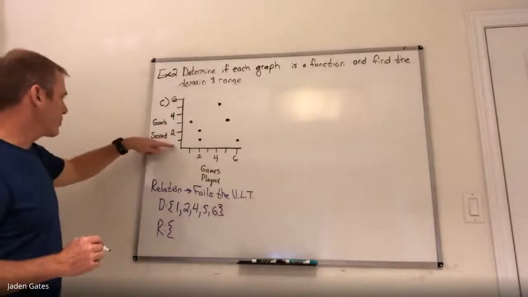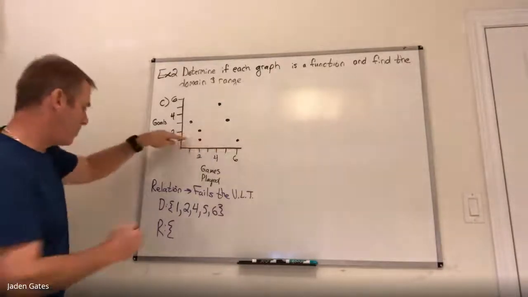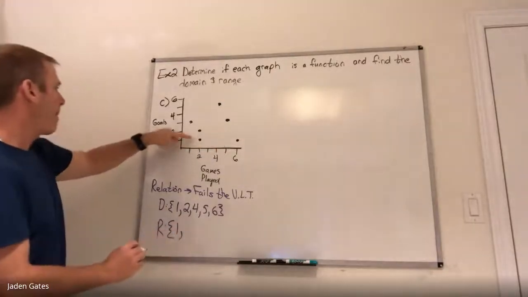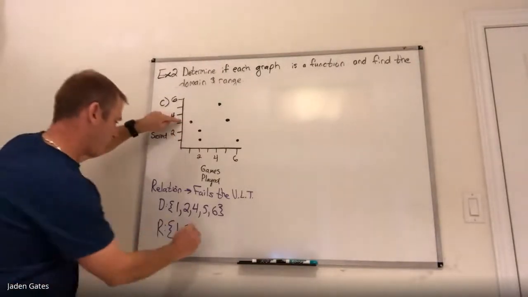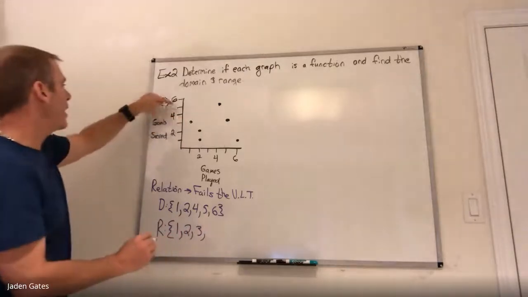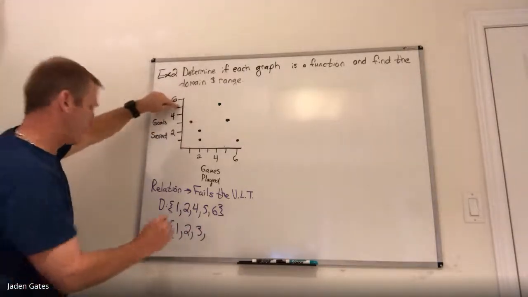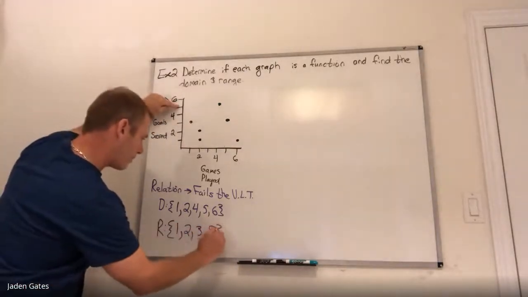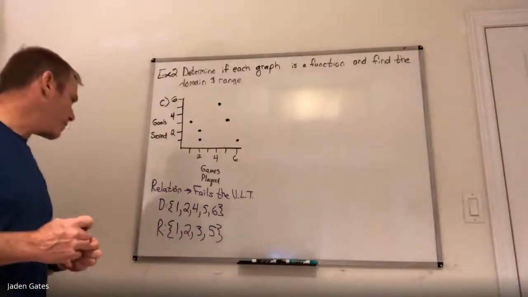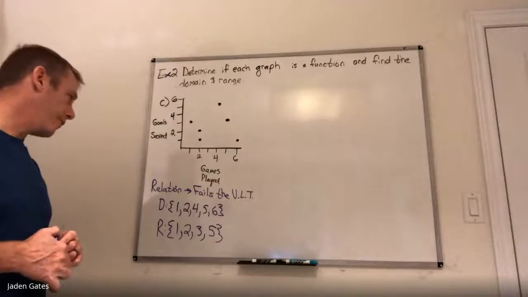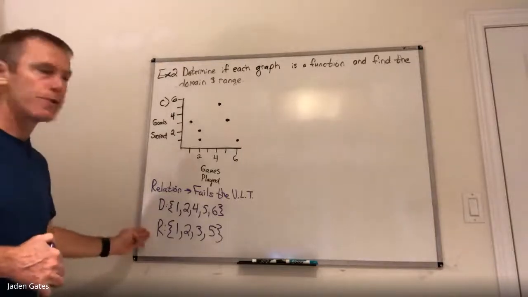Possible Y values. Well, 2 people scored 1 goal. 1 person scored 2 goals. 2 people scored 3 goals. And nobody scored 4, nobody scored 6, but somebody did score 5 goals. And there we go. So we found out this is a relation, it's not a function, and here's our domain and range.